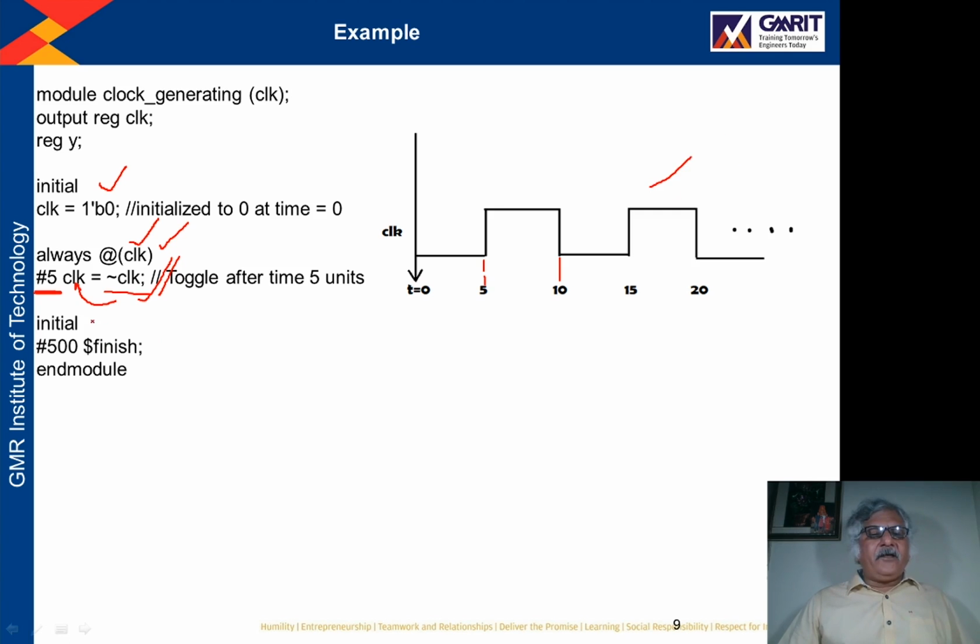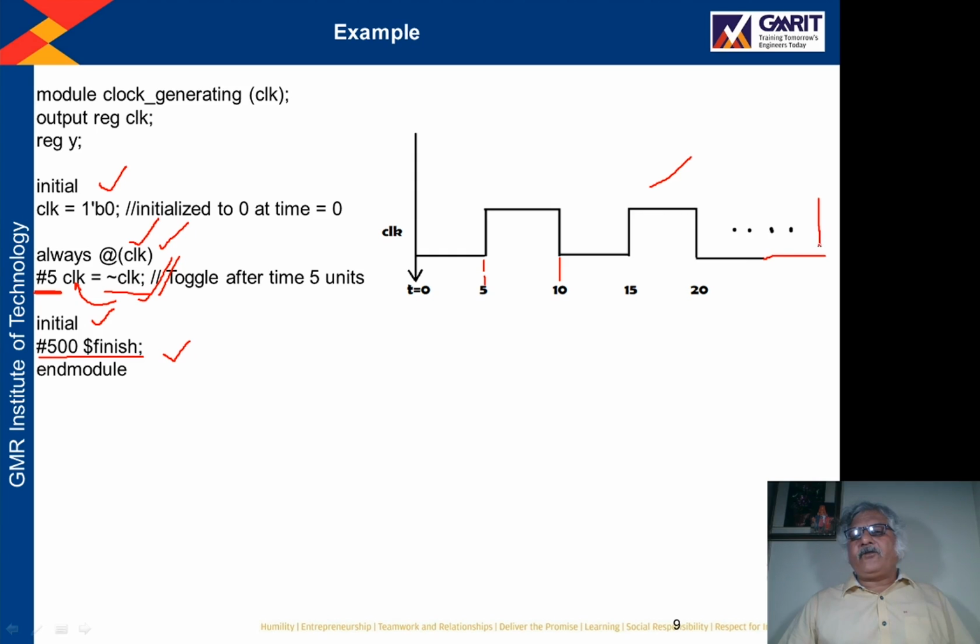And here there is a third initial block, and here what we have written is #500 finish. So this block is also executed at t equal to 0, and the statement #500 means after 500 unit time, stop the simulation.